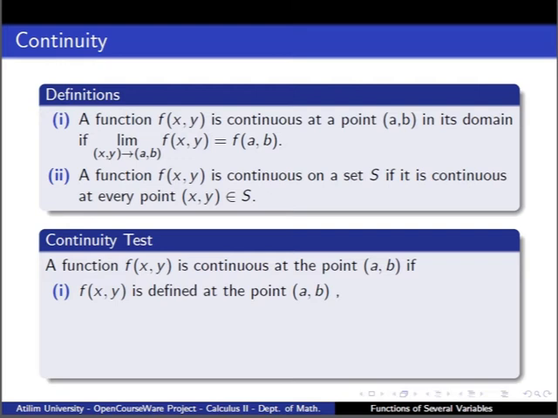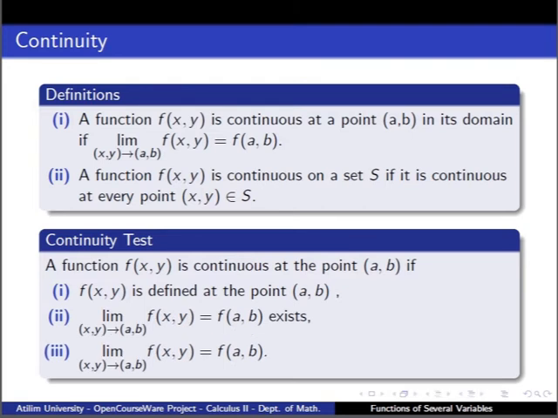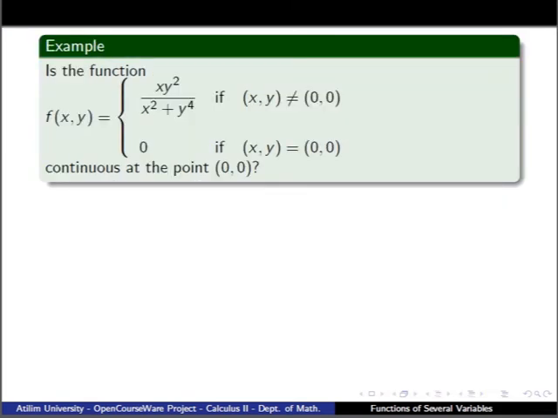The first one, f should be defined at the point. Second, the limit should exist. The third, the limit value of the function should be equal to the functional value of f at the point (a,b).